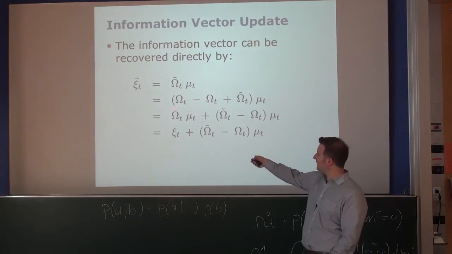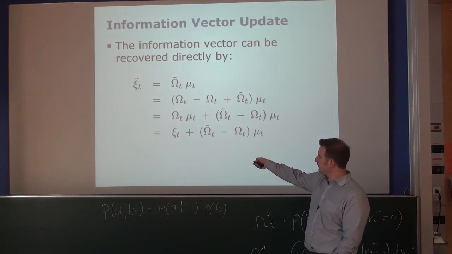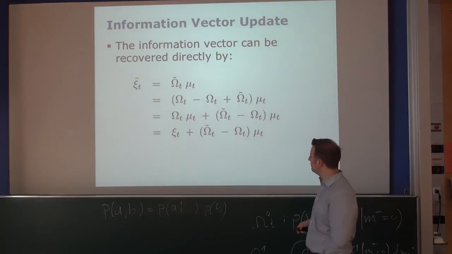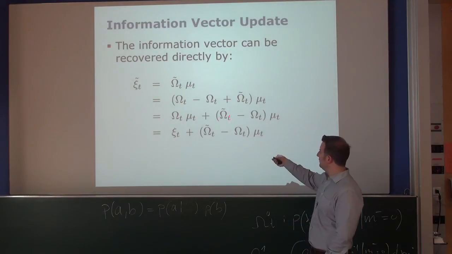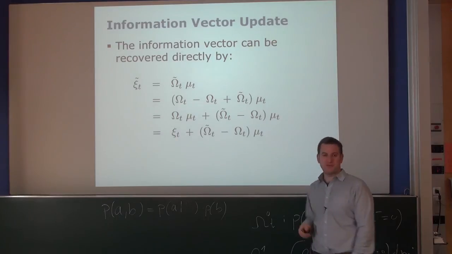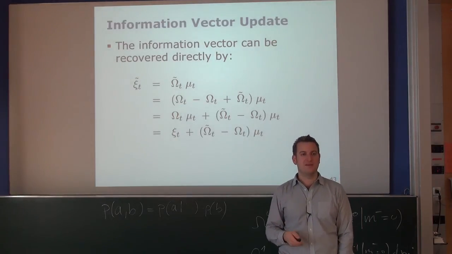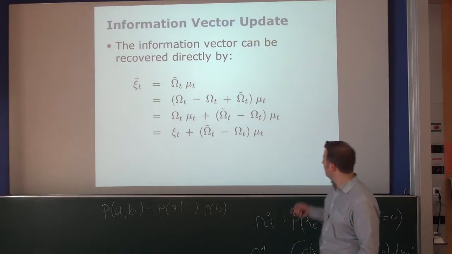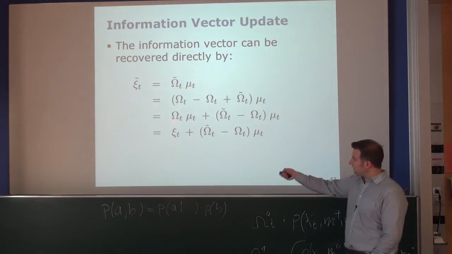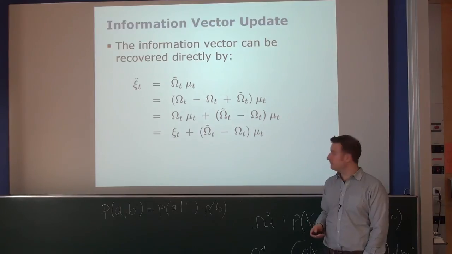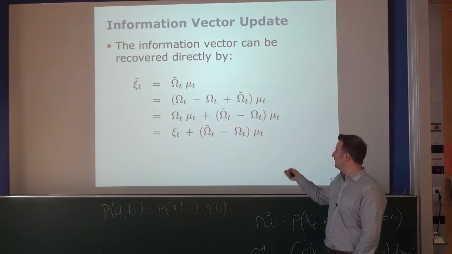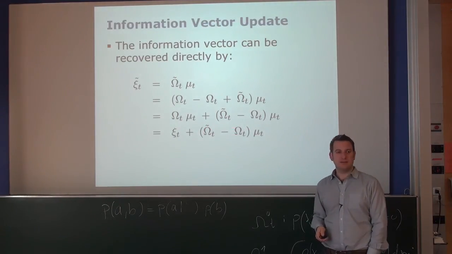So I can expand that, say, okay, this is the old information matrix times the mean, and this is the difference between the sparsified information matrix and the original information matrix times the mean. So this again gives me the old information vector, and this is the difference in the information matrices.